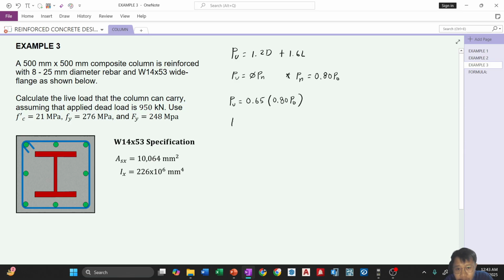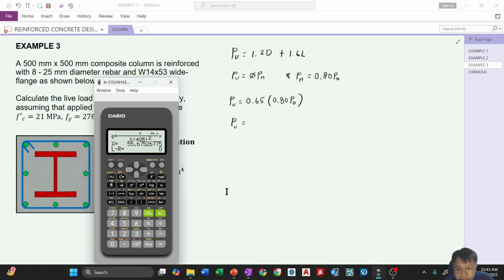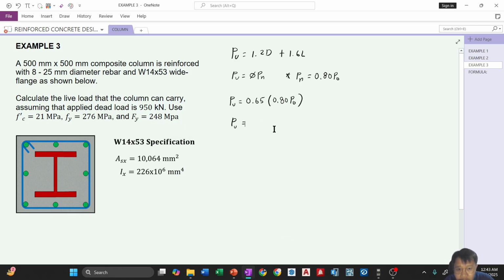So, we simplify muna siguro itong 0.65 and 0.8. What is 65% of 0.8? That is 0.52. Okay? This is now 0.52 of P sub 0.